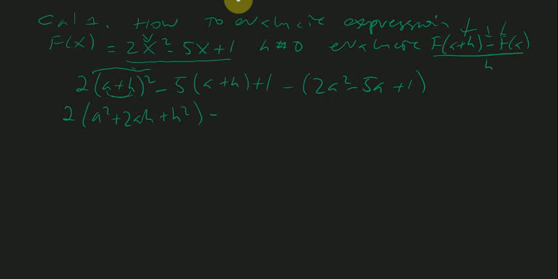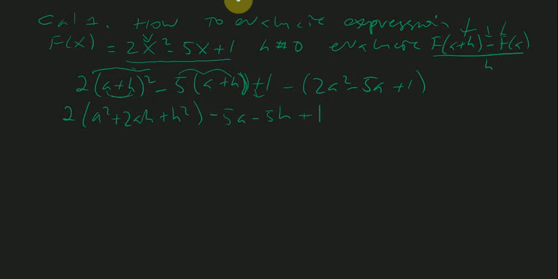Then you will have minus: minus 5 times a gives 5a, and minus 5 times h gives minus 5h. This is coming along because there is no multiplication involved. This is the closing parenthesis, so this multiplies here and here. Now plus 1, get it?